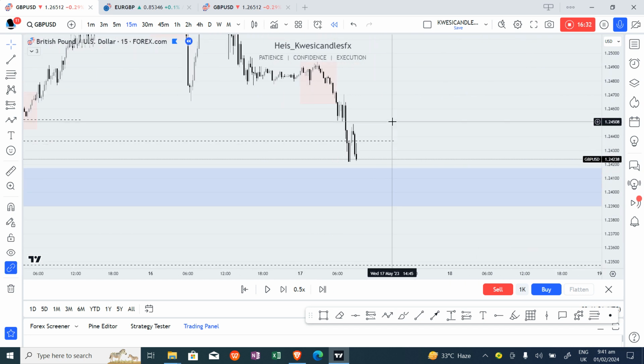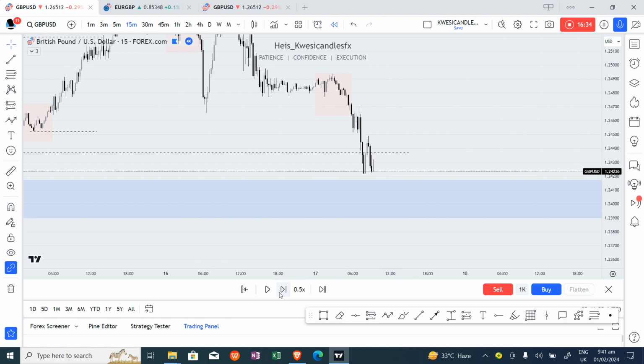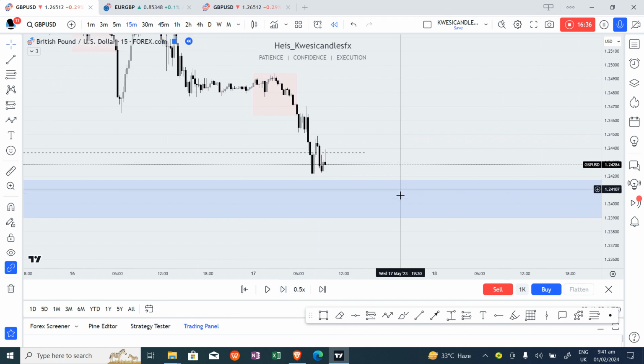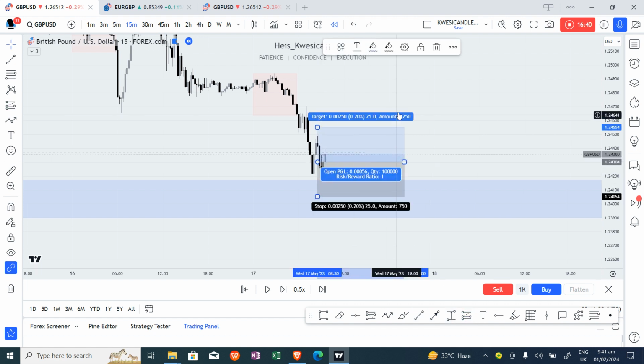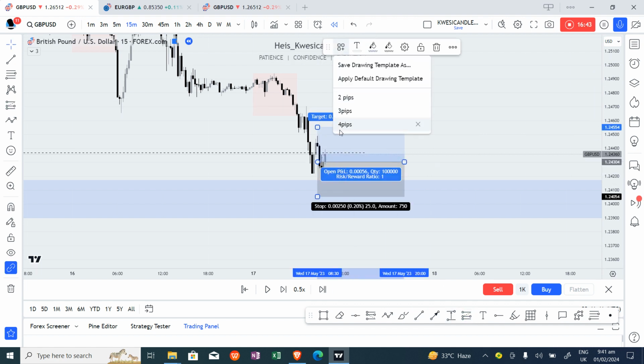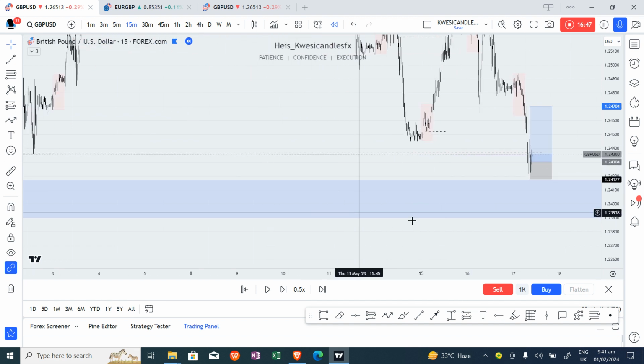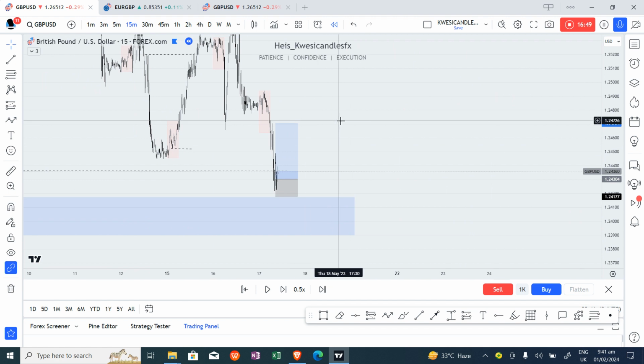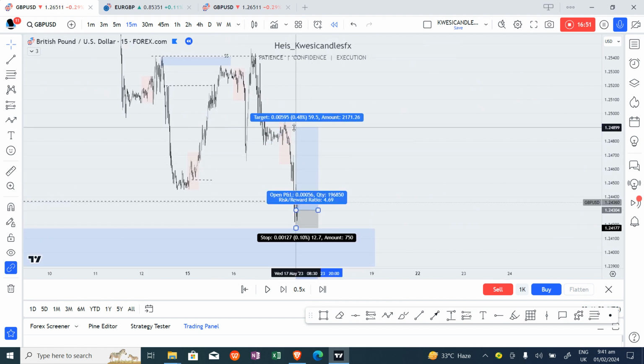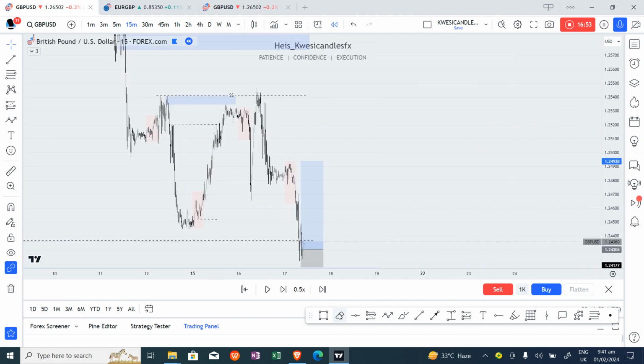Since we cannot go into the lower time frames for confirmations, let me just take the trade. If it fails, we will wait for a reaction from the zone. I'll put my stop loss here because here is another ABC structure.